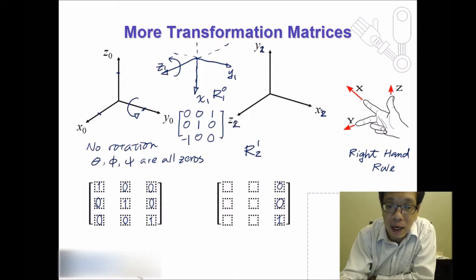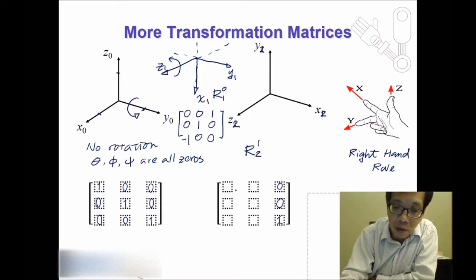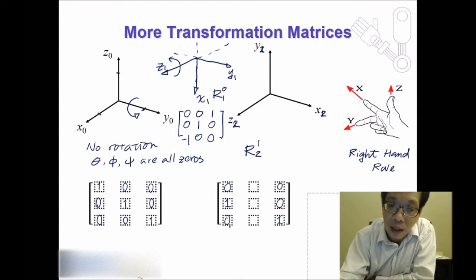This time, x2 has been projected along the y1 direction in the positive direction. So we're going to have 1 along the y direction, 0 along the x direction and z direction.